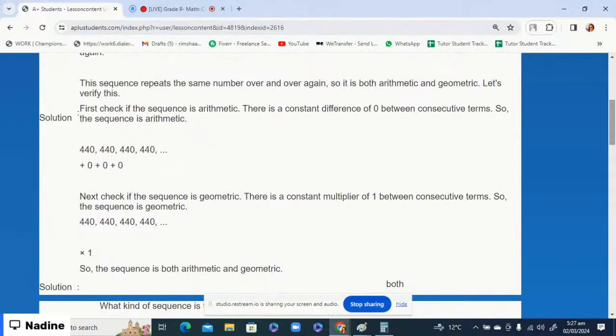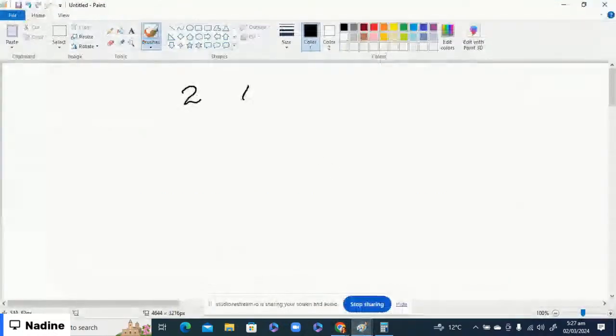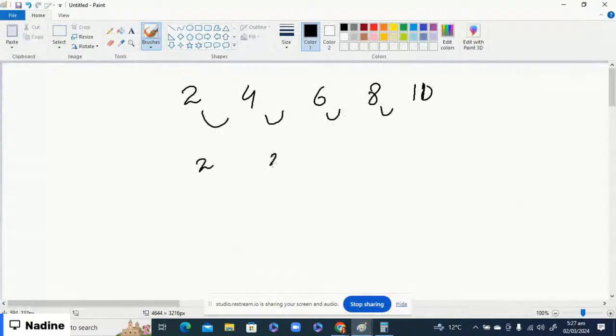So for checking the arithmetic, the difference must be constant. For example, here is 2, then here it's 4, then 6, then 8, then 10. So what is the difference in it? It's basically 2, and this difference is common.